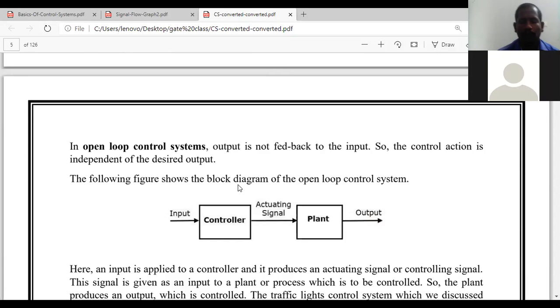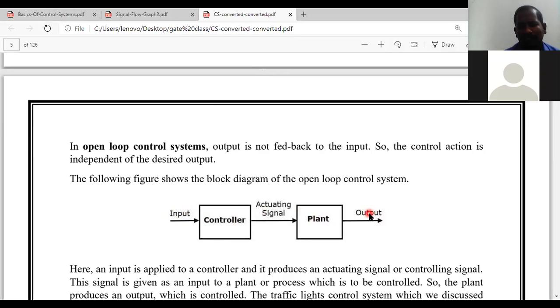Here in the open loop control system, you see the elements of an open loop control system. A input is there, and a controller or controlling element will be there. The controller will generate the actuating signal to the plant. It is a controlling signal given to the plant, so that the plant will generate the desired signal, and here you will get the output.